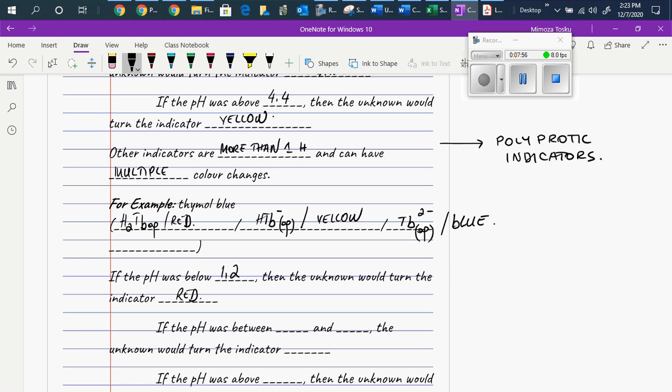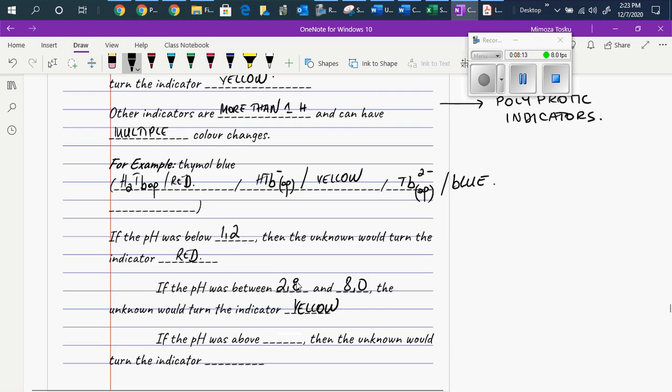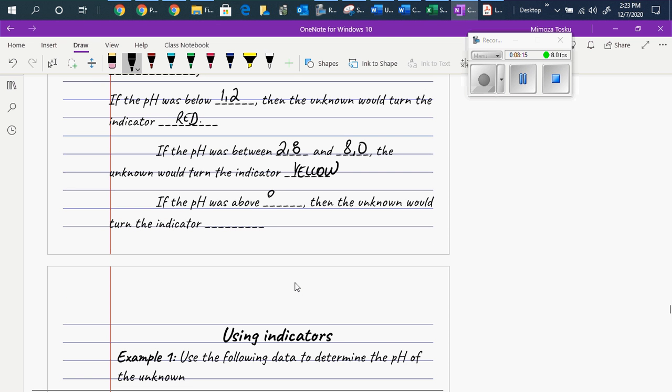If the pH is between 2.8 and 8.0, it will be yellow. And if the pH is above 9.6, then the color will be blue.